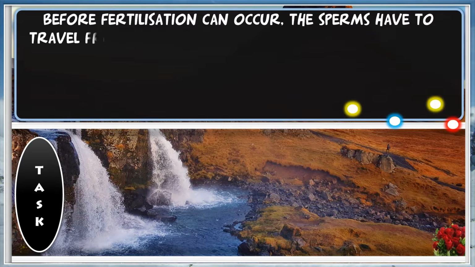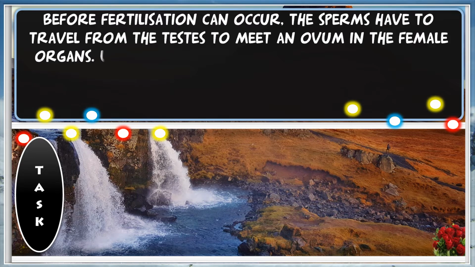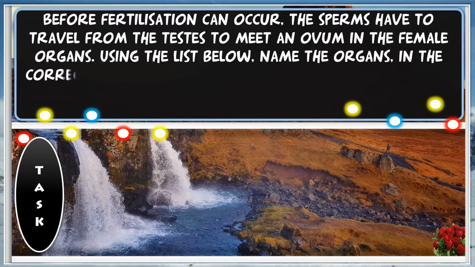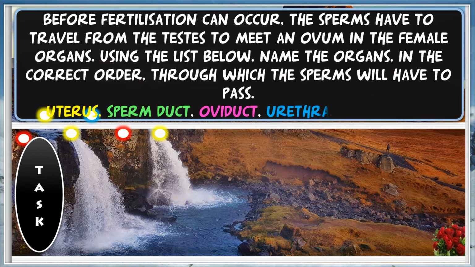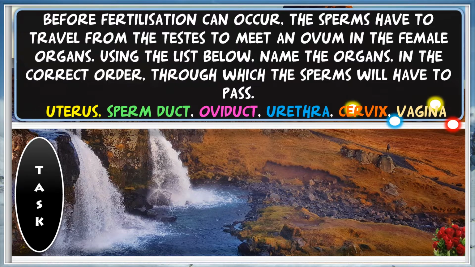Before fertilization can occur, the sperms have to travel from the testes to meet the ovum in the female organs. Using the list below, name the organs in the correct order through which the sperm will have to pass.